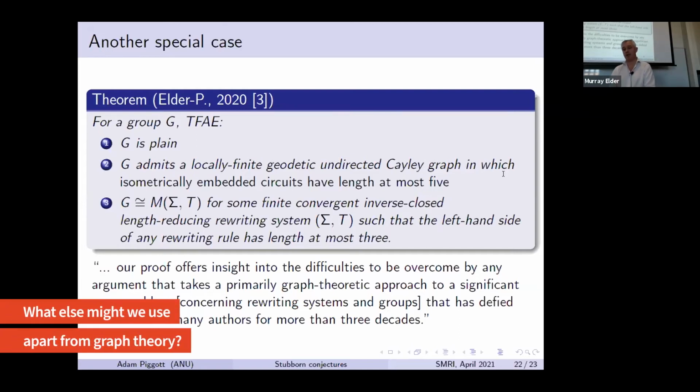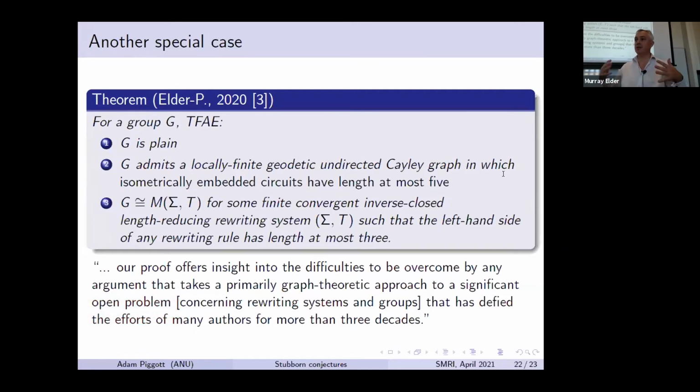Oh yeah, if we're not planning on using graph theory, what else might we use? Well, I think the point is we are going to use graph theory, but it's got to be graph theory that's informed by the fact that this is a Cayley graph. So when Murray and I proved that incremental result, the key step was about geodetic blocks. It wasn't about Cayley graphs.